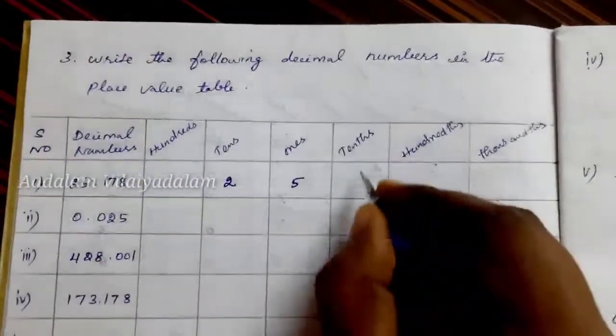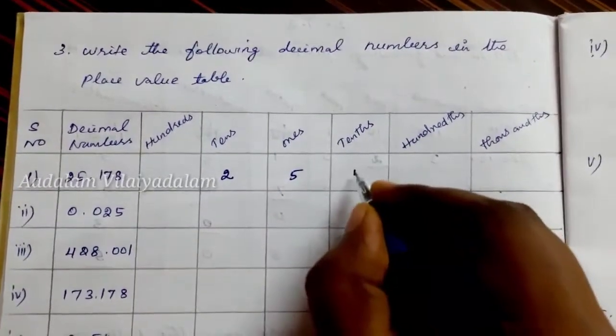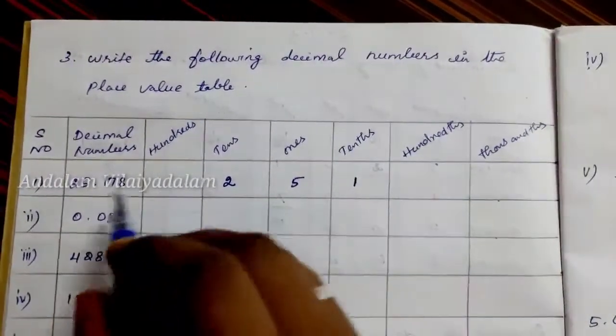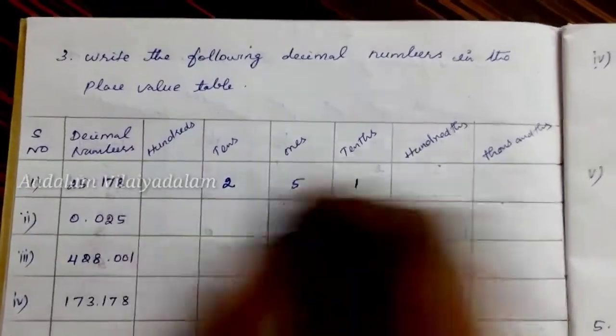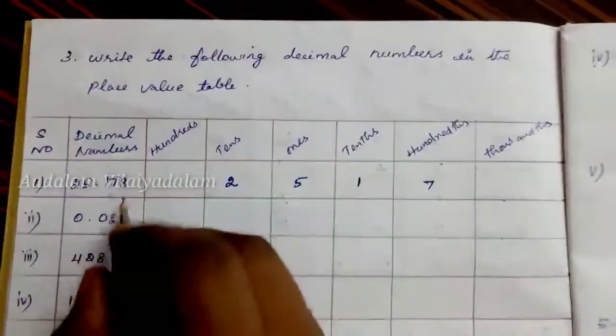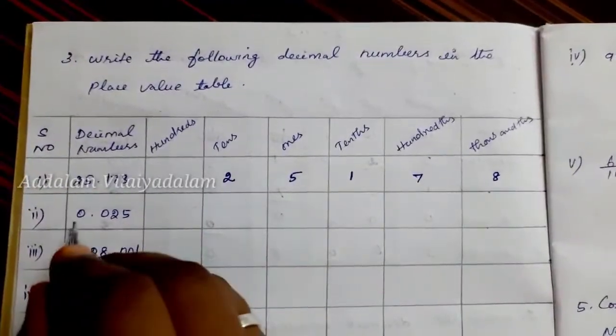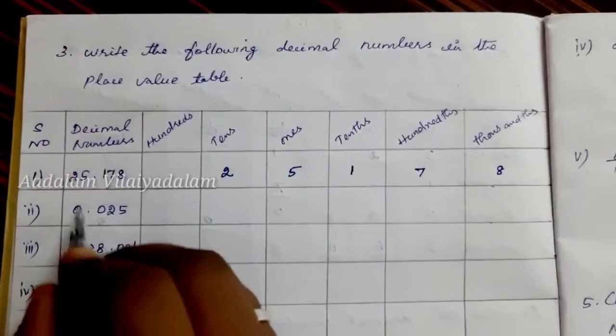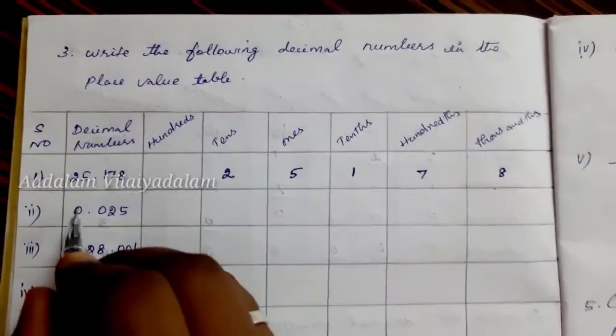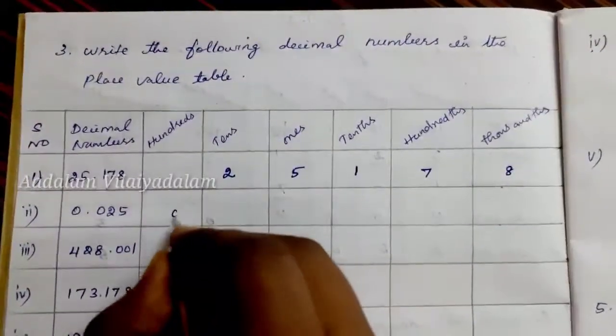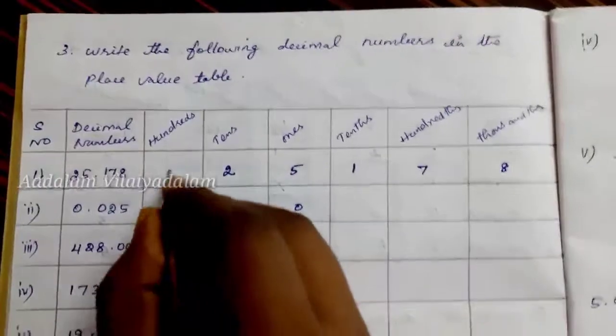So 1 is the tens value, that means here we will be writing. Then hundreds value is 7. Then the thousands value is 8. The same way there is no value for the whole part. Then all this part will be 0, 0.